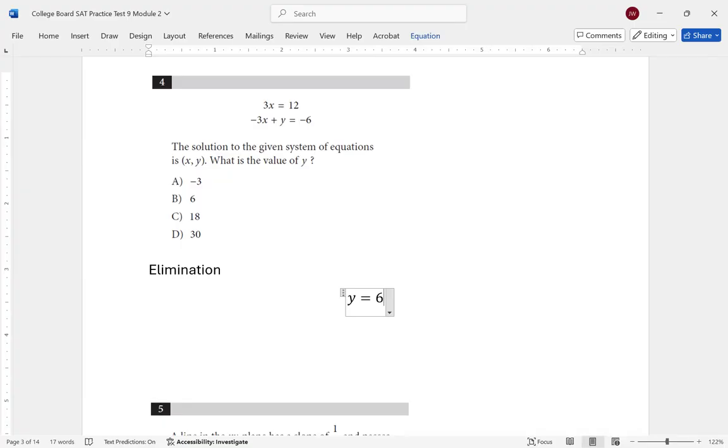That means the solution to this system of equations is going to have a y value of 6. And that's all we're asked to find. So if we have a solution, what's the y value of that solution? Therefore, the answer to question 4 is B, 6.